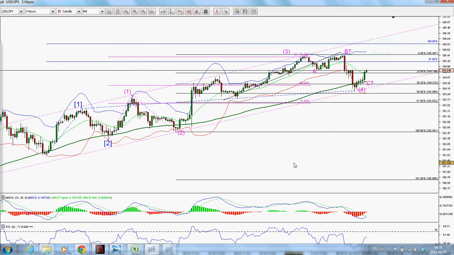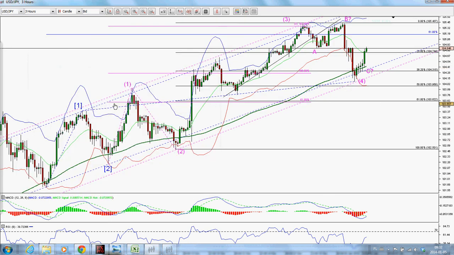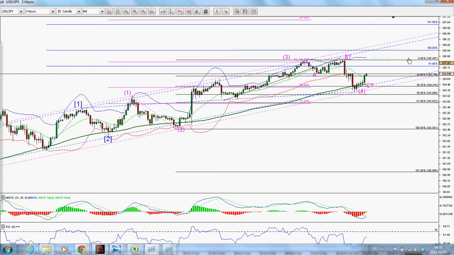Let me check something else. I have plotted channels for the 1 and 2 wave developments, and 1 and 2 give us an upper boundary line around here. So we could make 106 to 107 as a price target.